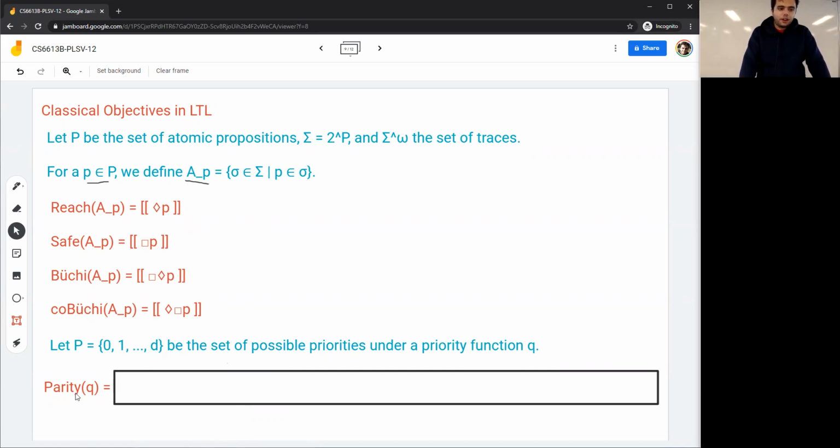How would we get the parity objective? The parity objective is the set of all traces in which the minimum priority that is seen infinitely many times is even. So how can we say this in LTL? How can we say that the minimum priority that is seen infinitely many times is even?